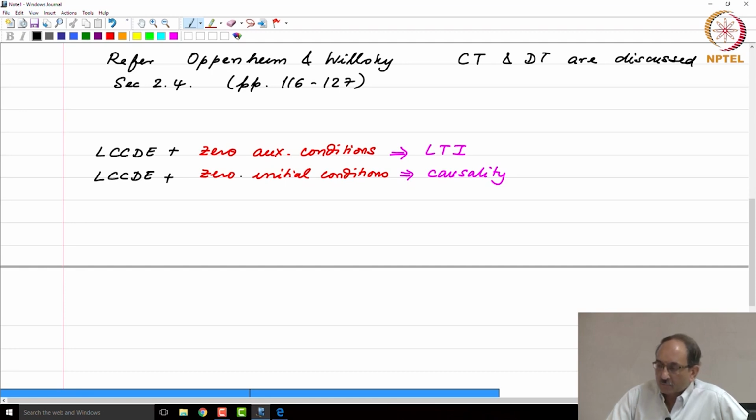There is some result that connects LTI and causality. I will look that up and get back to you. There is a specific theorem that I do not recall right off the top of my head.